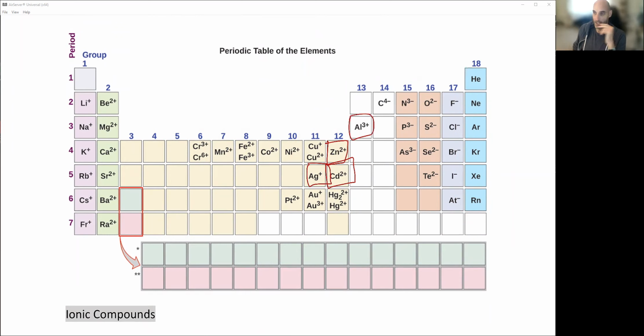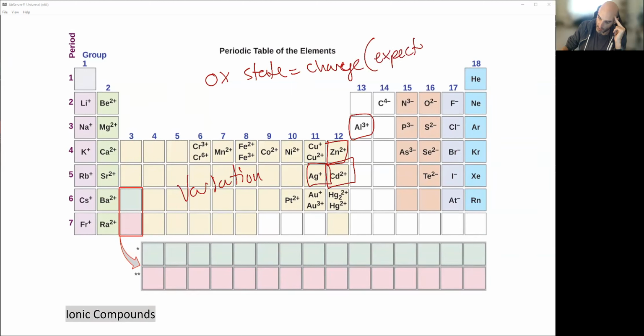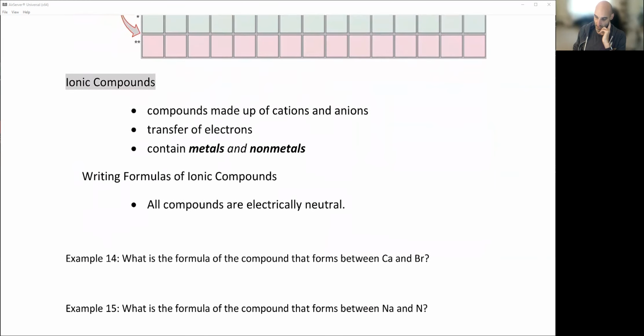Those are always going to be what they are, and we'll have that list. But down here there's variation in oxidation state. Now I say oxidation state, and that is essentially charge, or I should say expected charge. But again, we're going to be covering this in class. You don't really need that for this next little bit here.